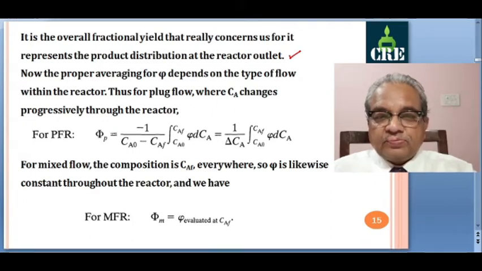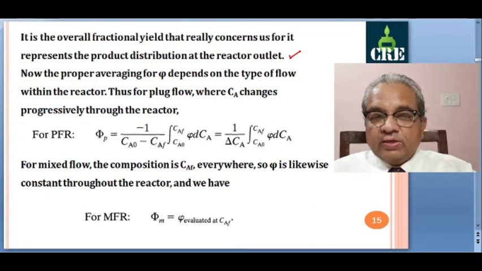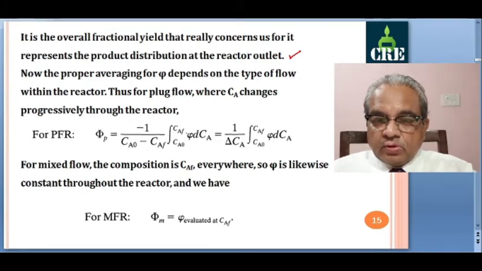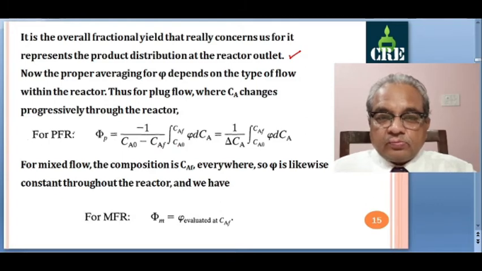So for plug flow, I will write capital Phi P equals minus one over Ca0 minus Caf, that is delta Ca in the denominator, times the integral from Ca0 to Caf of phi dCa. So small phi is integrated over the complete range of concentration Ca0 to Caf and divided by delta Ca. So overall fractional yield can be found from the instantaneous fractional yield.